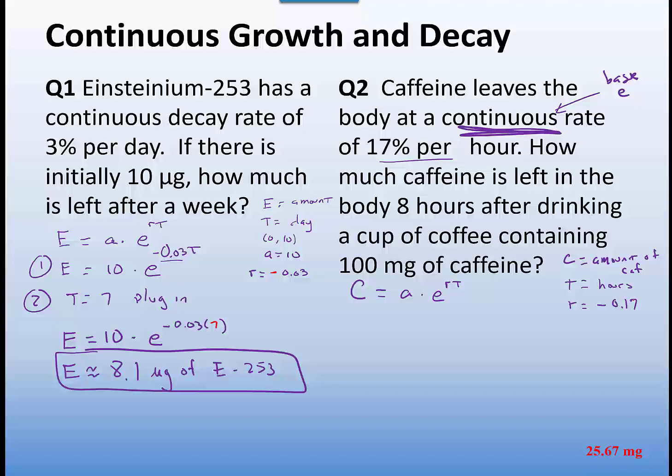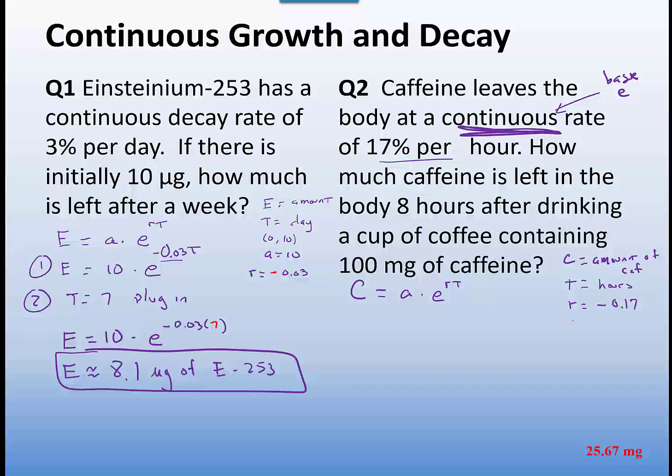Okay, there's a question. How much caffeine is left in our body after 8 hours? We need some more information. Now, we need the starting amount. And it says after drinking a cup of coffee containing 100 milligrams.